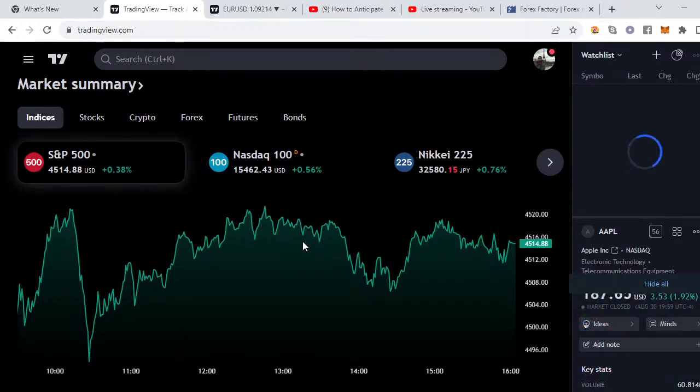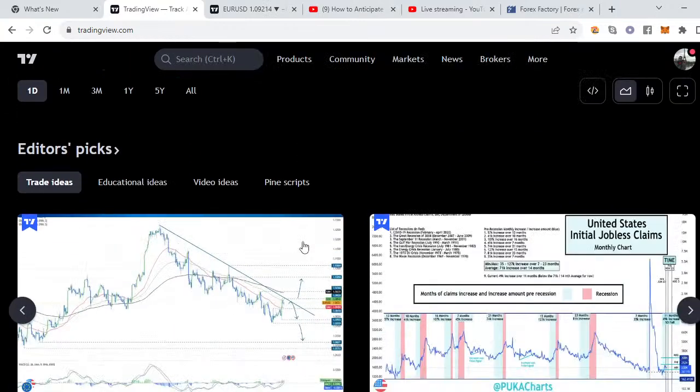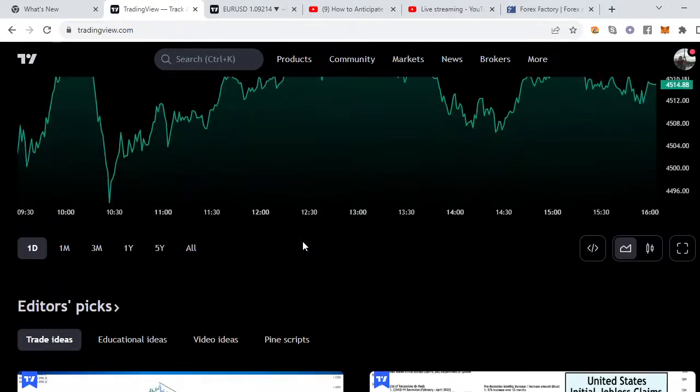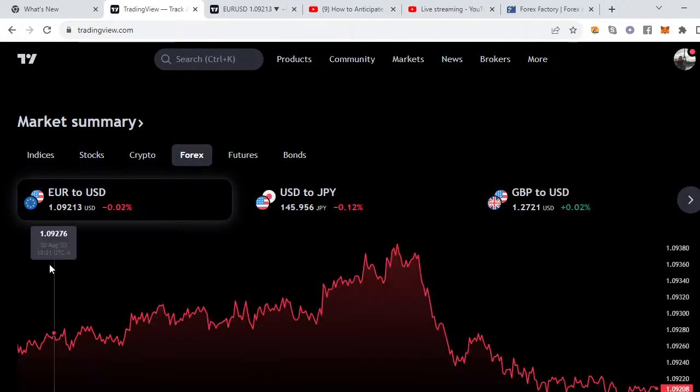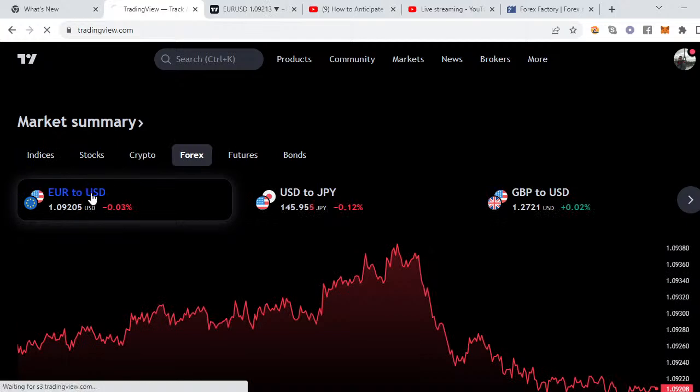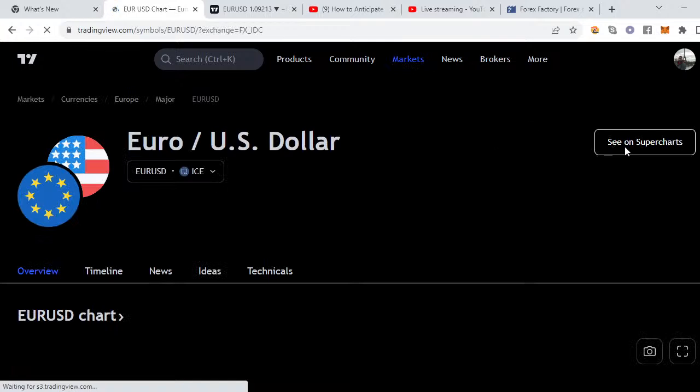So basically, it's going to say indices, stocks, crypto, forex. You're going to click forex, and then EURUSD is going to be right there. You click it, and then you're going to say see on supercharts.